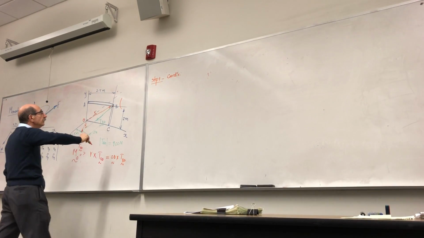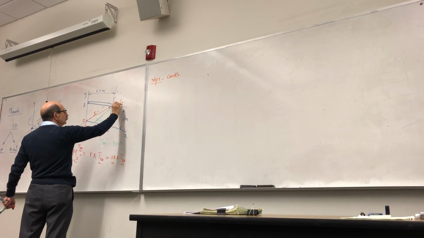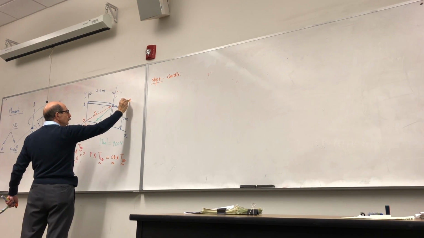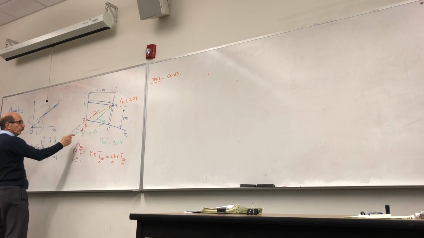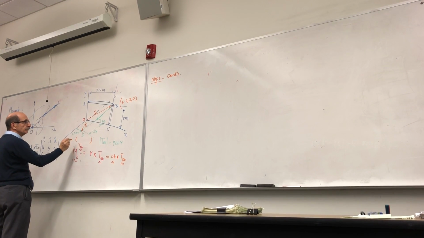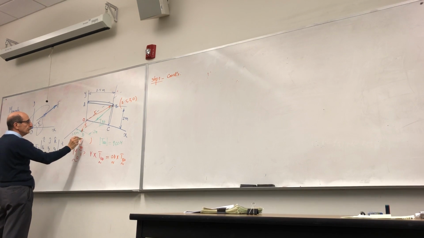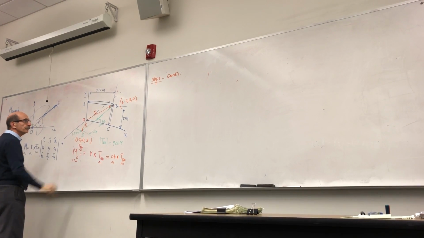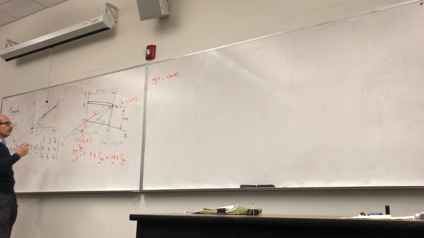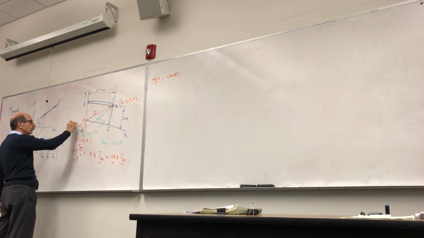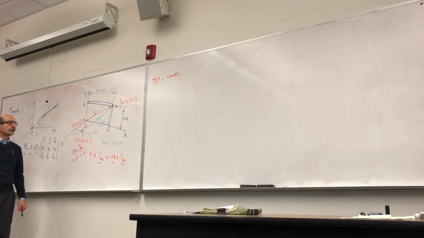So point B is given as 2.5, 2, 0. Okay? Point D has the coordinates of 1.5, 0, 2. And that's all you need. And of course, point O, which is 0, 0, 0.